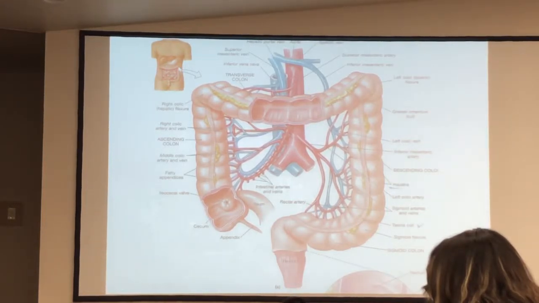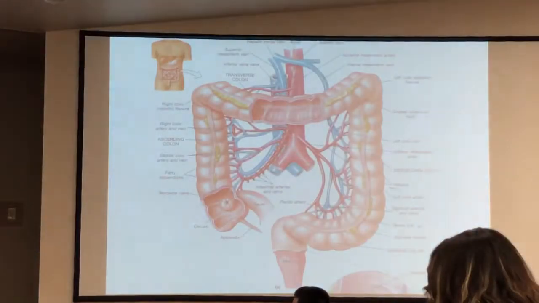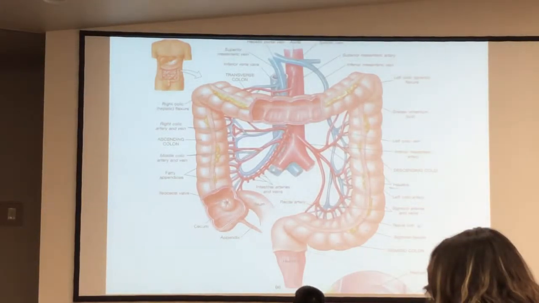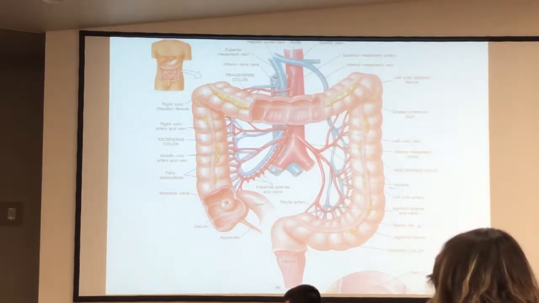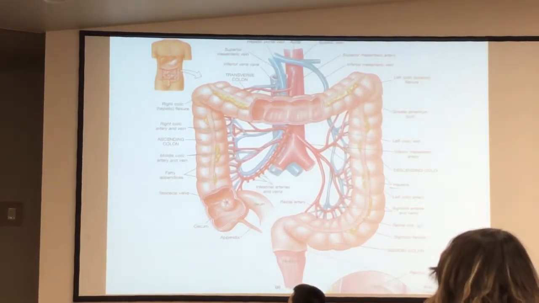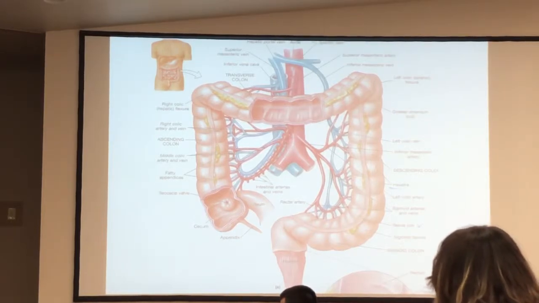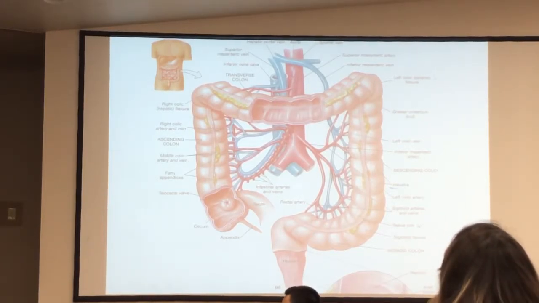So if someone feels pain in the center part here, there are 3 possibilities. It could be the stomach, a little bit on the left side. Could be stomach pain. Could be the pancreas, really deep. It could be the transverse colon.